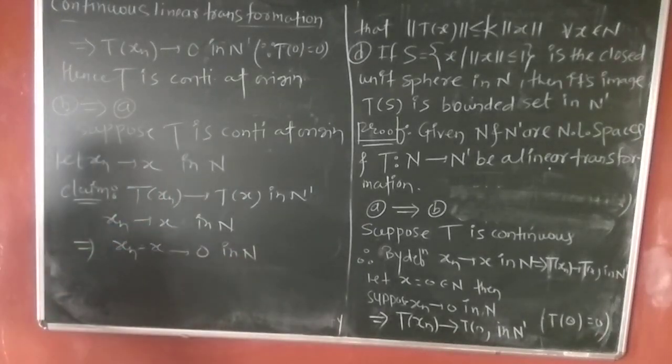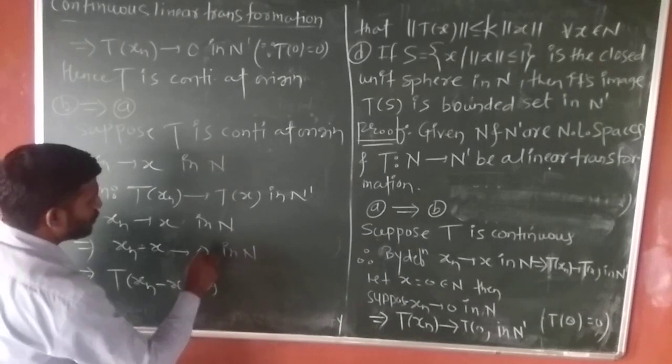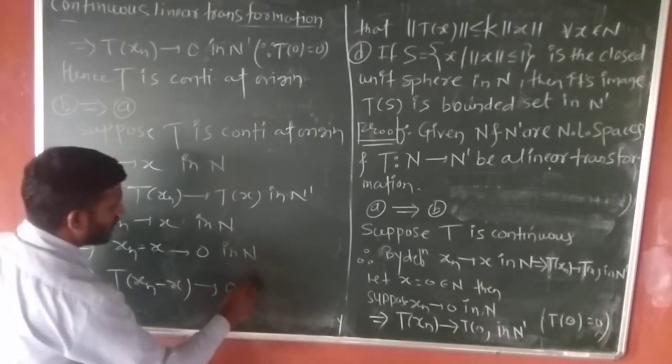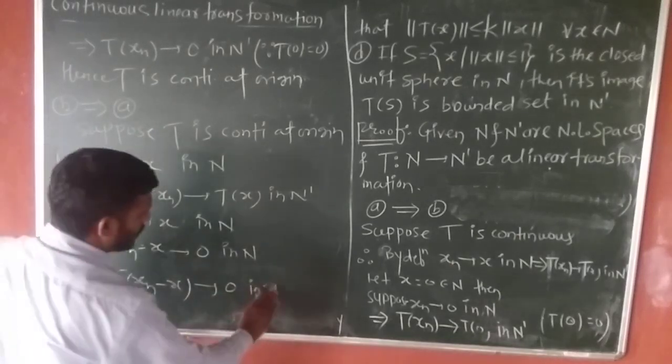We apply the linear transformation on both sides. T of x_n minus x tends to T of 0, and T of 0 is 0 in N dash.